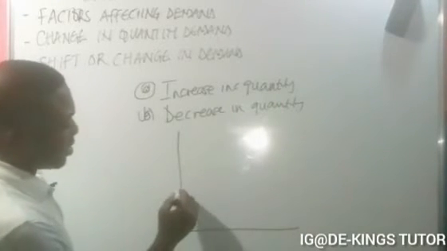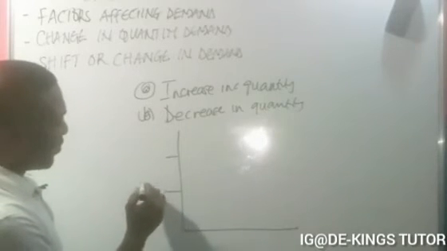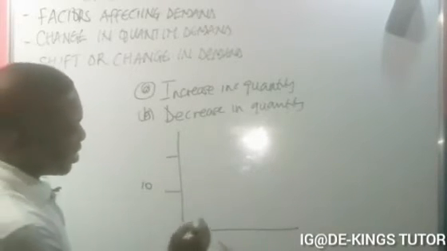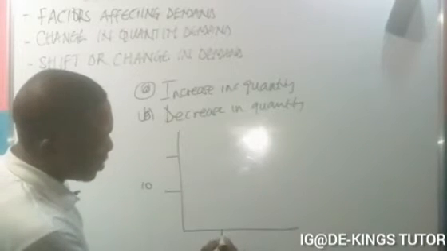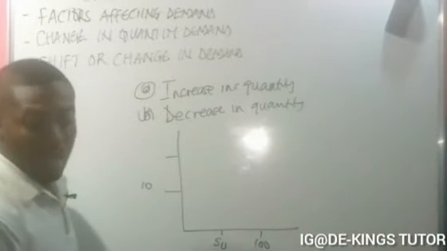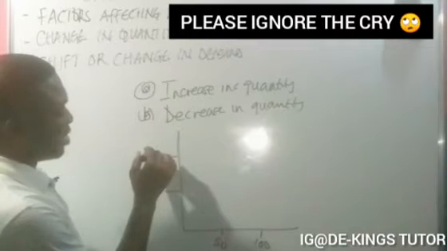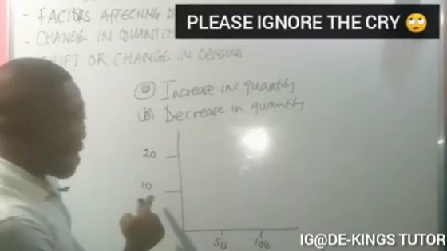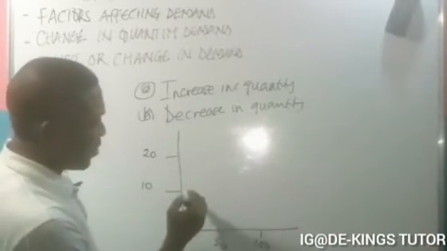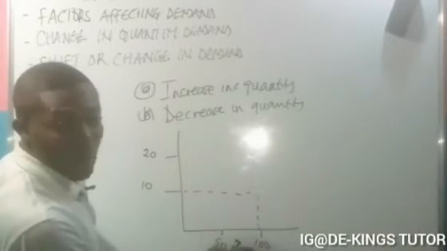let's say this is the price. Let's say the first price is 10, and these are the quantities. Let's say this is 50 and this is 100. Let's say this is 20. When it is 10, they demanded 100 quantity.